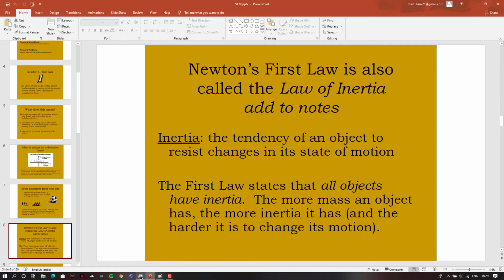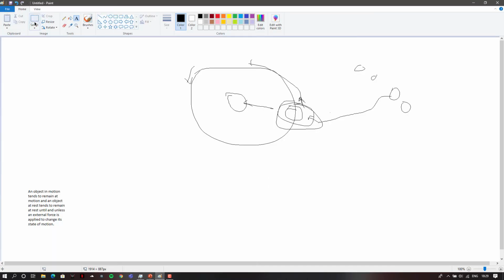Like, just imagine this. This is a wall, and this is me. I'm standing here. I try to push the wall with all my might. Does this wall move? The answer is no, it doesn't move.